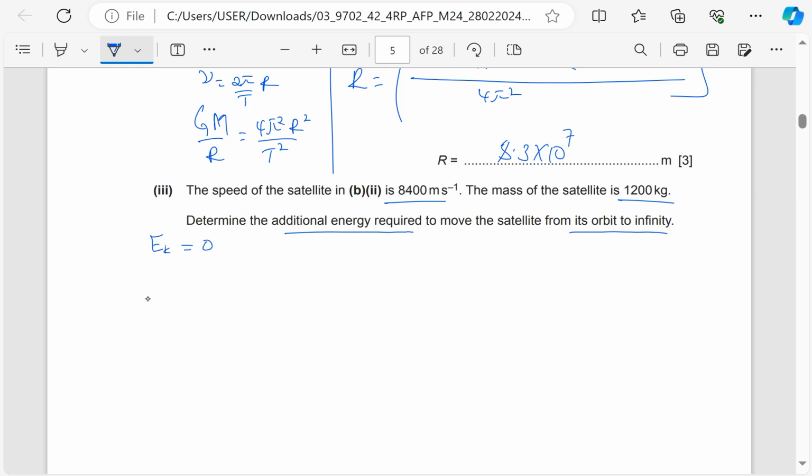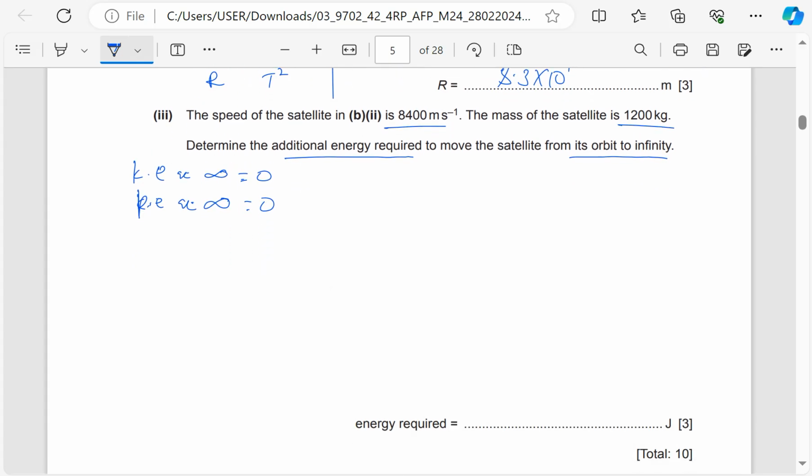At infinity, kinetic energy is equal to 0, and potential energy at infinity is also equal to 0.